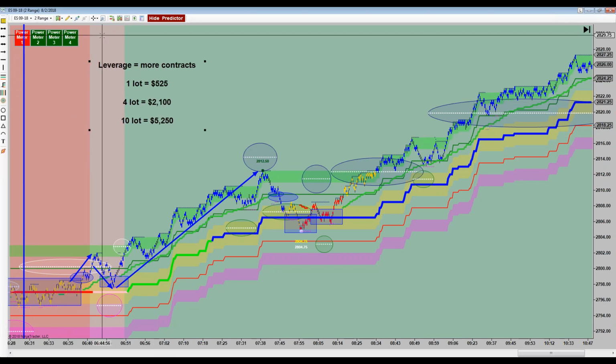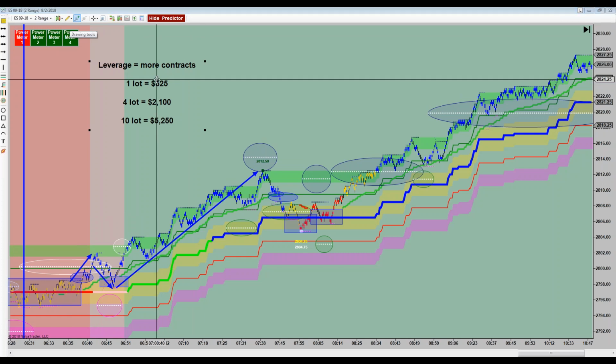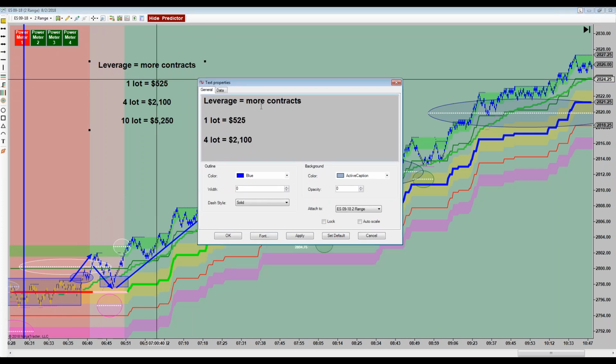Let me just conclude this, and I'll try to squeak one more instrument in. You don't leverage so much, and you keep things tight when markets are slow, choppy, and range-bound. Right?